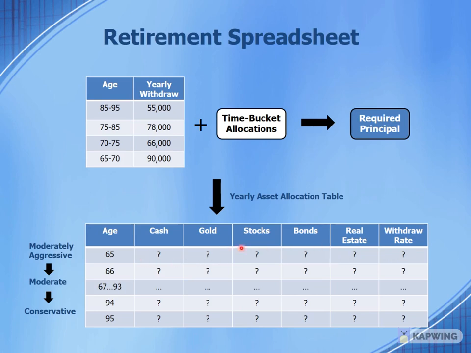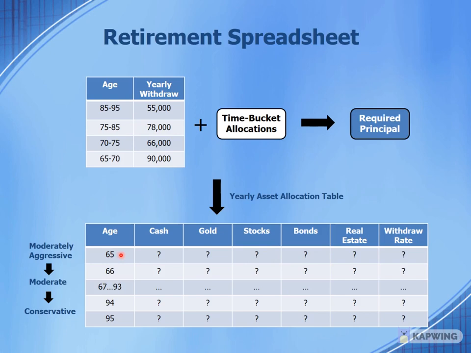We're just showing question marks here, but the actual method will have values. So it may say that in the first year of your retirement you need 10% cash, 20% gold, and so on and so forth. And in stock market, it would be a higher amount.